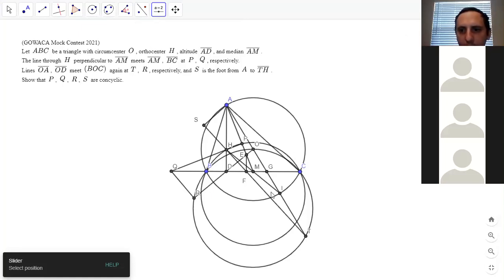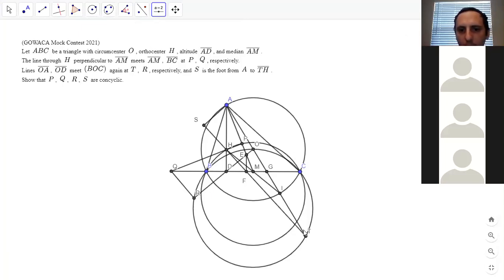We showed AGIT are in harmonic conjugation, and so that proves DFMG are in harmonic conjugation. The remaining one is point S, the perpendicular from A to TH, but it's not hard to see. We showed that Q, R, F, E, and P are cyclic because they're all right angles. And then it's just an angle chase to show that S lies on that.